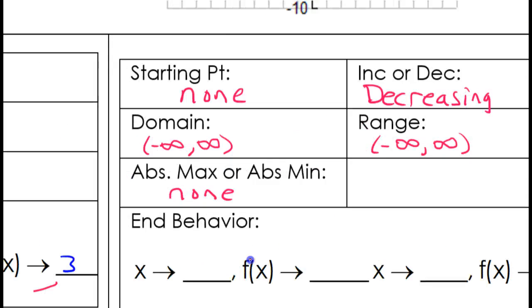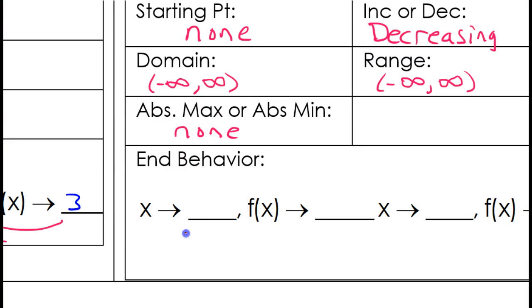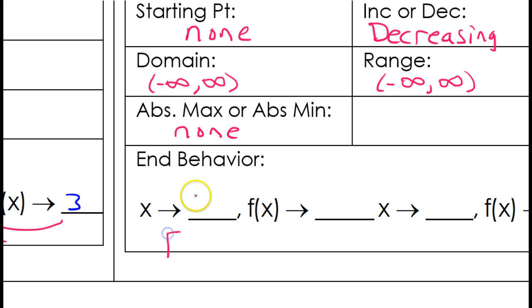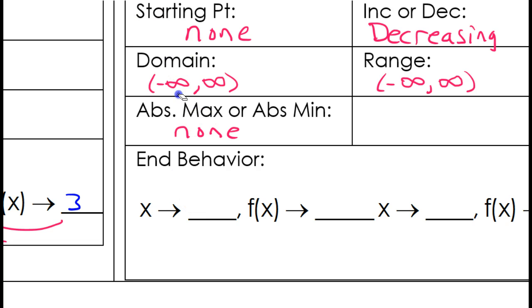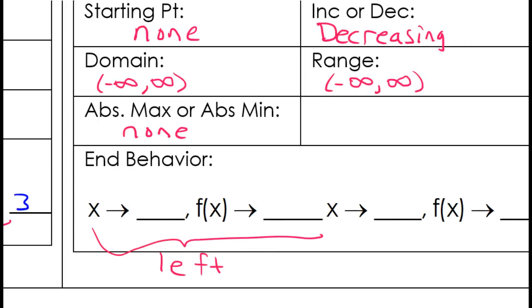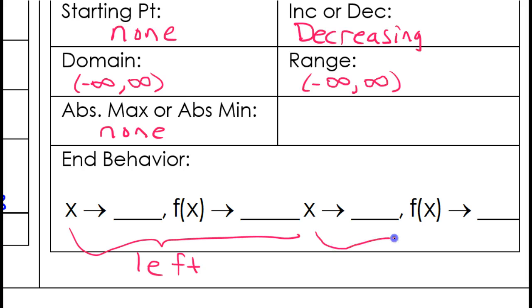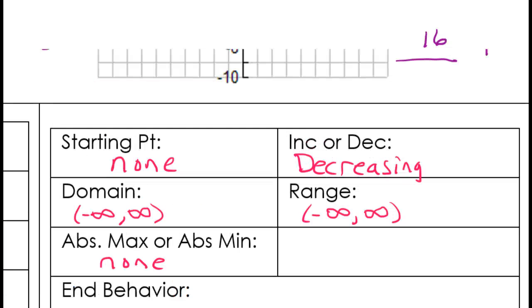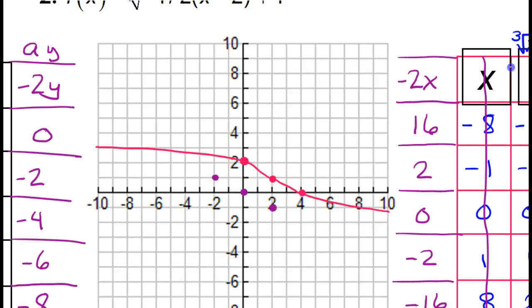Okay, now the end behavior. So remember, the end behavior is all about what happens on the left. This part of the end behavior is all about what's happening on the left end of the graph. And this part of end behavior is all about what's happening on the right end of the graph. And so we have x's and y's, really. So on the left end of the graph, what are the x's doing and what are the y's doing?